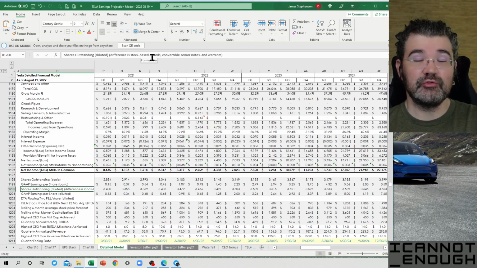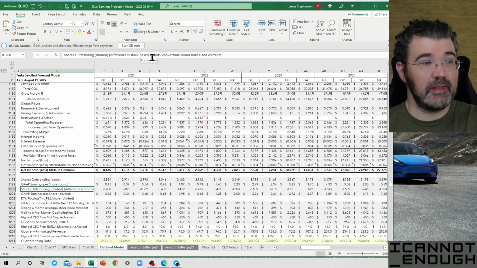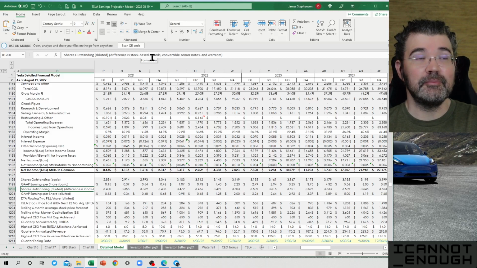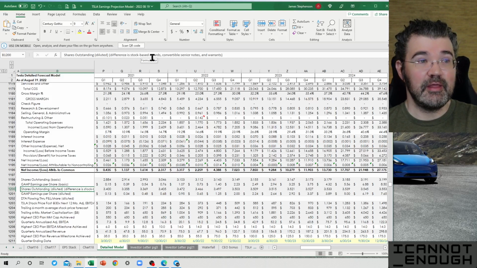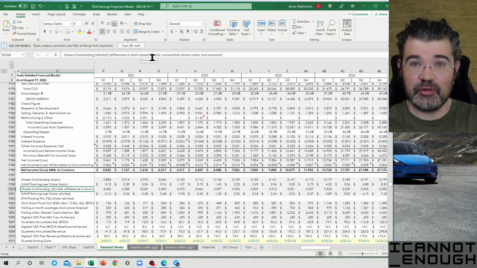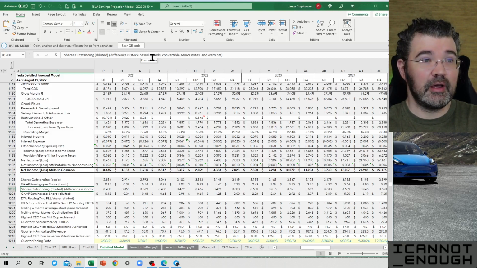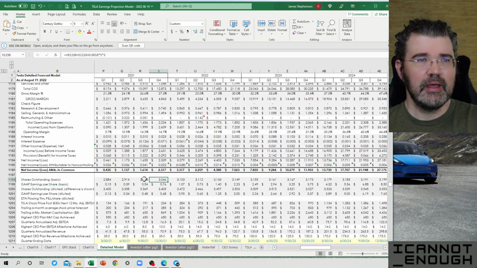So the stock-based awards, like Elon's stock-based compensation, were one of the big differences between these. If he earns all of these tranches under his stock compensation plan, then we're going to have to create a lot of new shares, and they will become basic shares when those shares vest, right? So that's one of the big differences between these numbers.